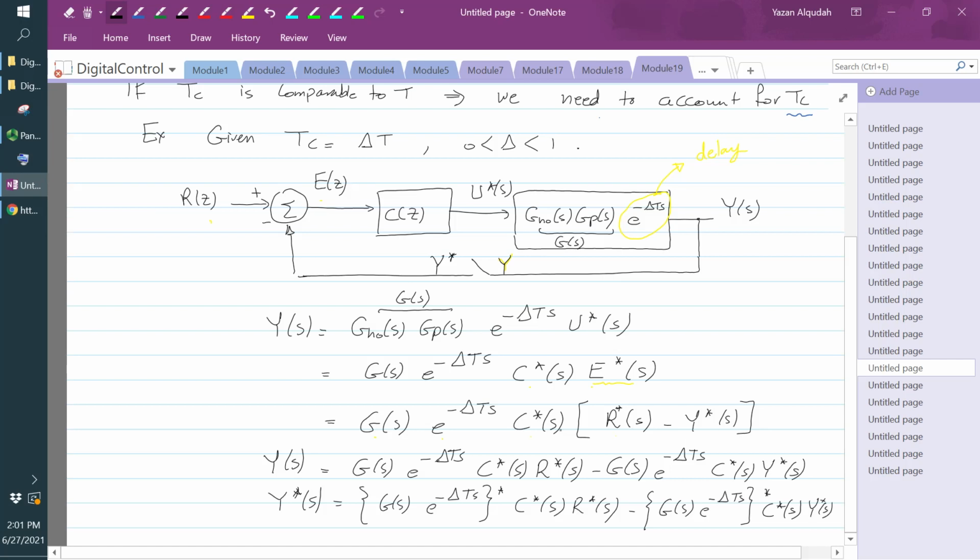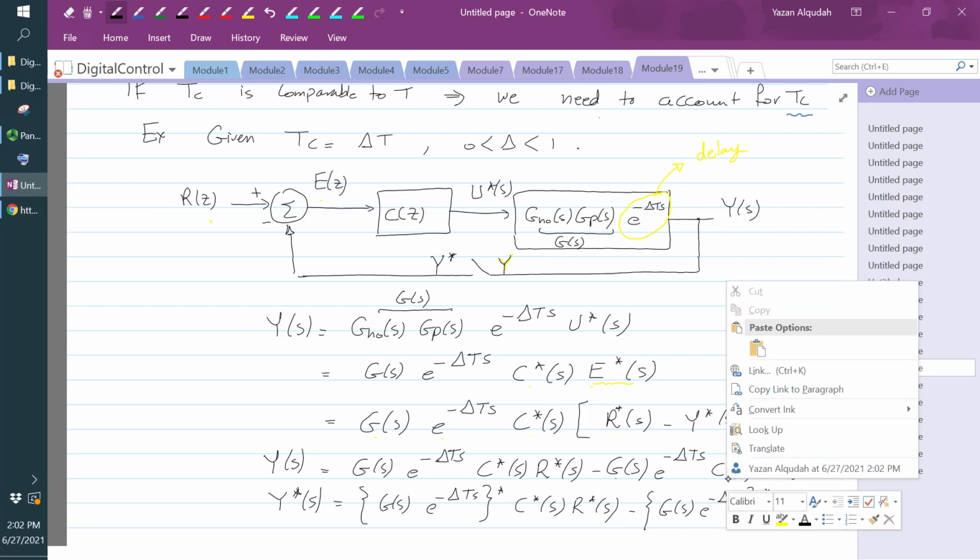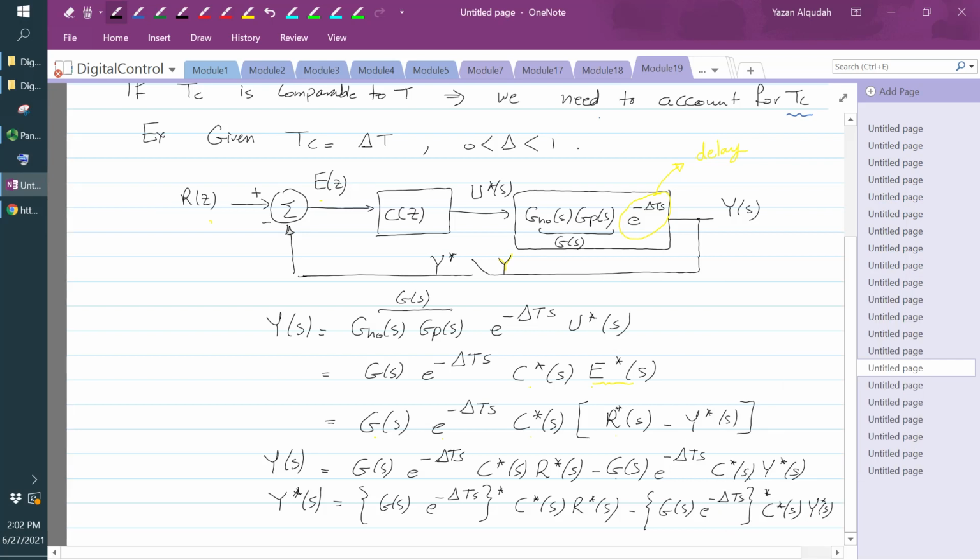Okay, so therefore C star multiplied by R star minus Y star, I'm going to multiply these terms: G of s, the exponential, C star, R of s, minus G of s, e to the delta Ts, C star, multiplied by Y star.